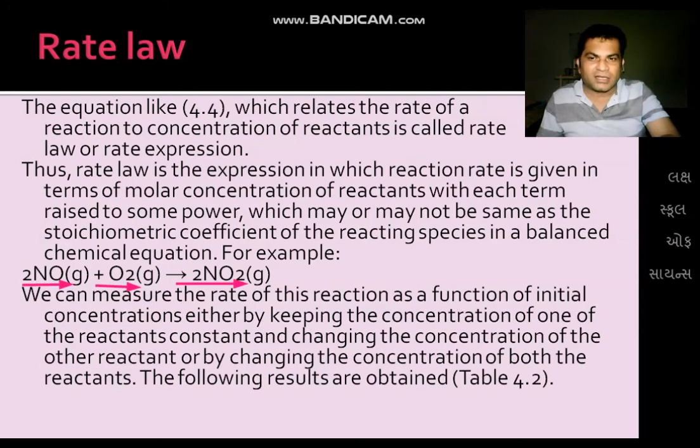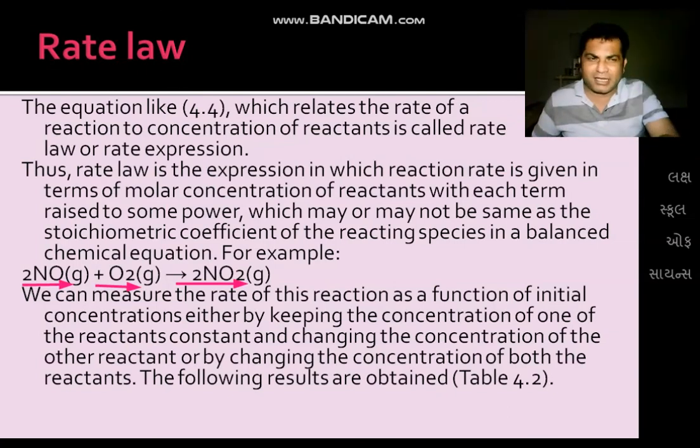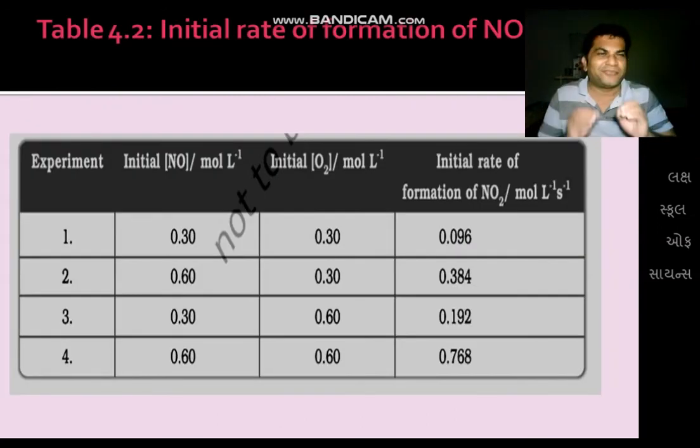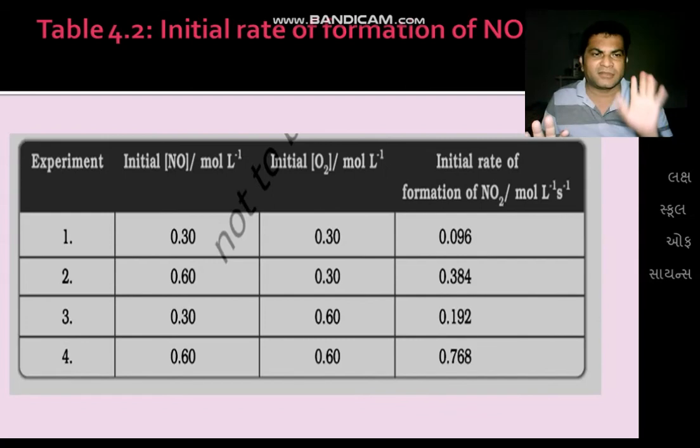Now we can measure the rate of the reaction as a function of initial concentration, either by keeping the concentration of one of the reactants constant and changing the concentration of the other. We keep one constant and change the other, and this is how we do the experiment. This experiment is taken in Table 4.2. Very interesting, if you understand it you will enjoy it, guaranteed. Pay attention.